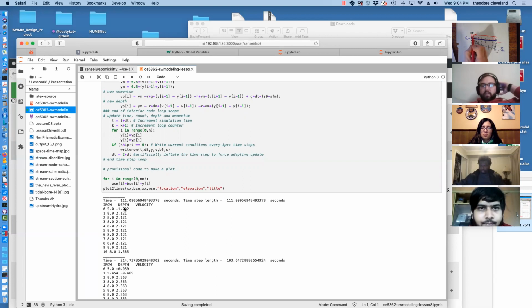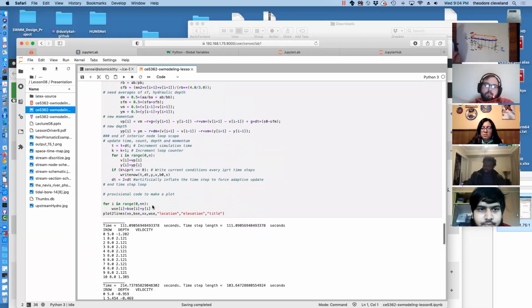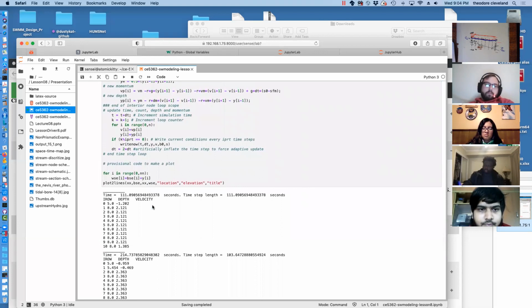It's got to go that way. Left. So that's why you get the negative velocity value. That's actually a fairly incredible amount of acceleration from a positive 1.3 to a negative 1.2. But again, those are not necessarily realistic numbers at the beginning.